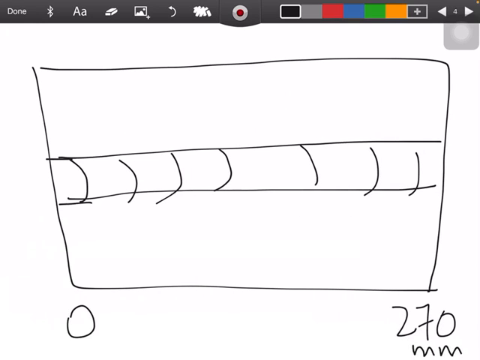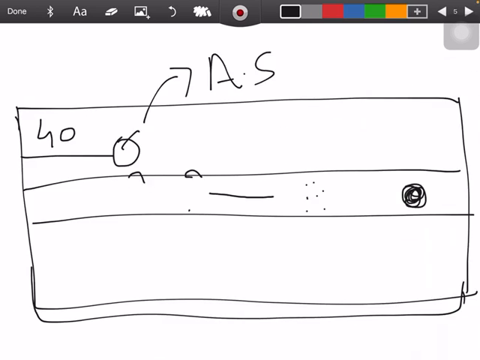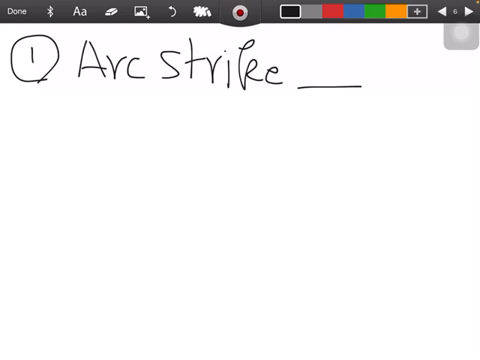Okay, so in your sketch you will just write here, you will put one here. And on the bottom side, I am showing this on the next page. You will write: one is the arc strike, and you will mention the datum line distance.